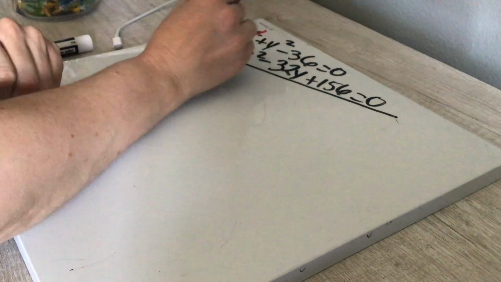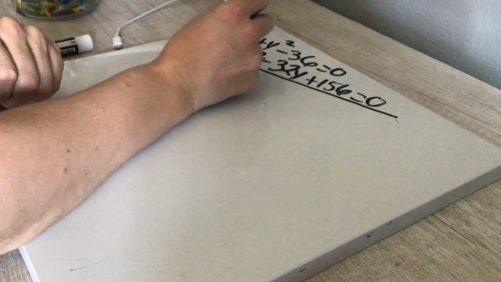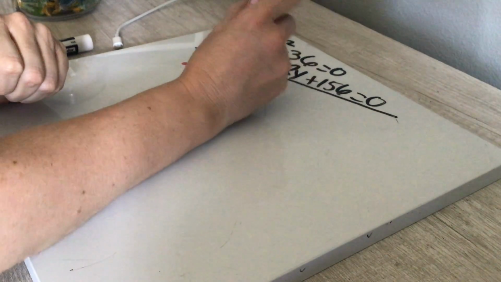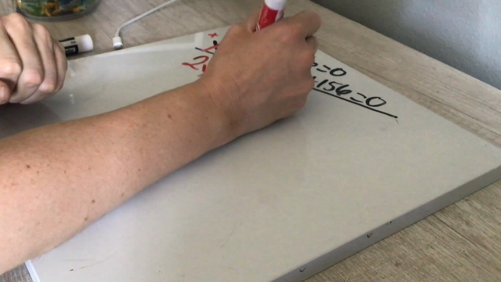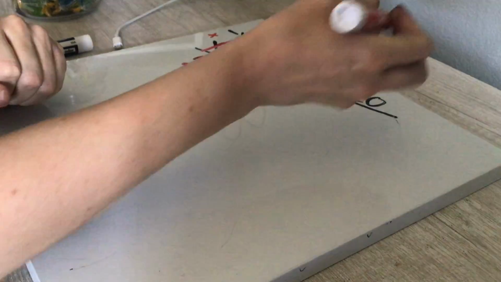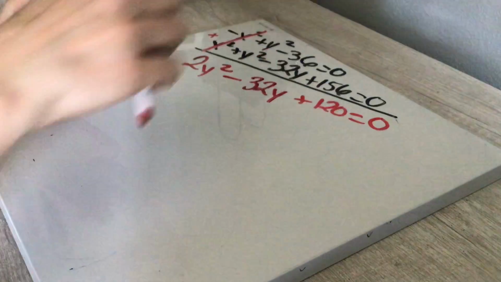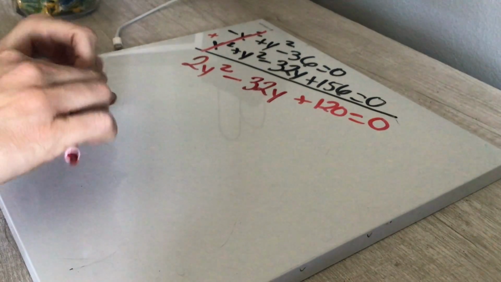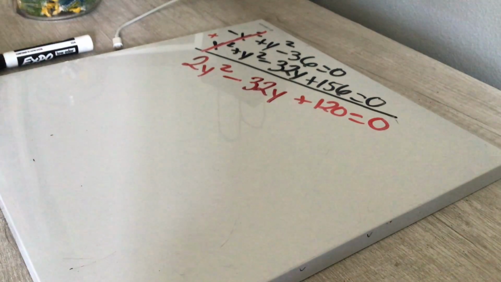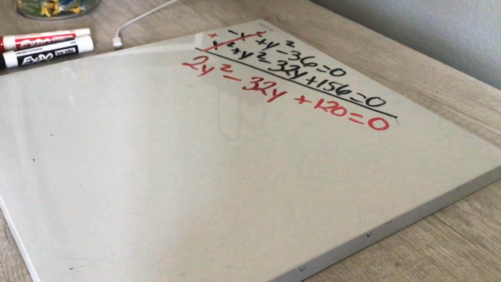The x's cancel, then I get 2y squared minus 32y plus 120 equals 0. Now I can solve for y. So again, I'm going to divide everything by 2, or factor out a 2.